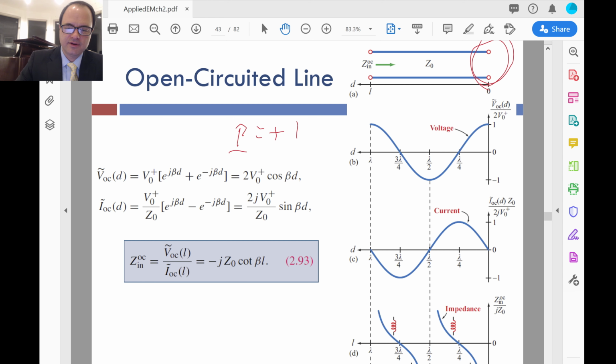So we have positive 1 in here, minus 1 in there, and we get cosine and sine here, which is opposite of what we had for the short-circuited line. When we take the ratio of V and I, we get a cotangent instead of a tangent.